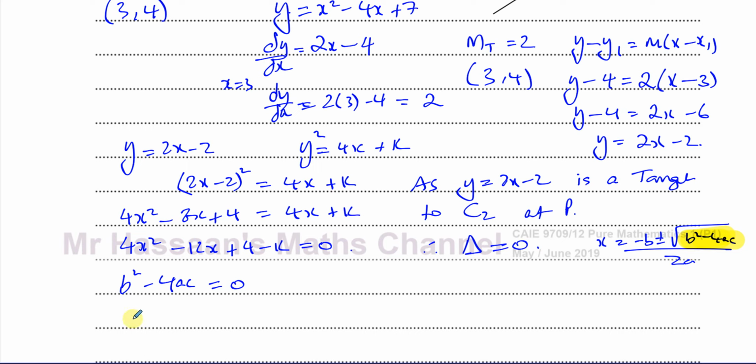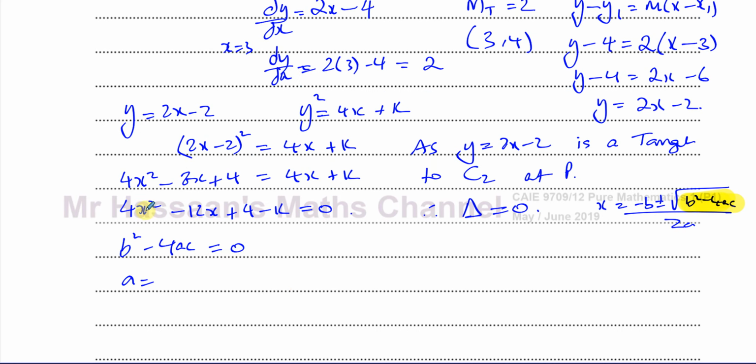So if we know for sure that this is equal to 0, we can use that fact, because we know that this is a tangent to this curve. They told us that, so we can find b squared minus 4ac and equate it to 0, and then hopefully we'll find what k is.